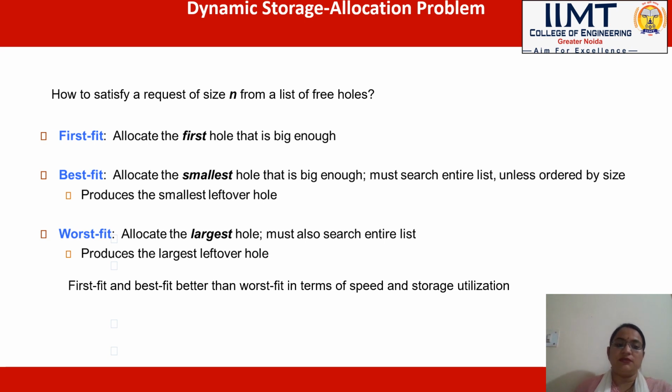First is first fit: allocate the first hole that is big enough. Second is best fit: allocate the smallest hole that is big enough, and must search the entire list. Last is worst fit: allocate the largest hole, and must also search the entire list.